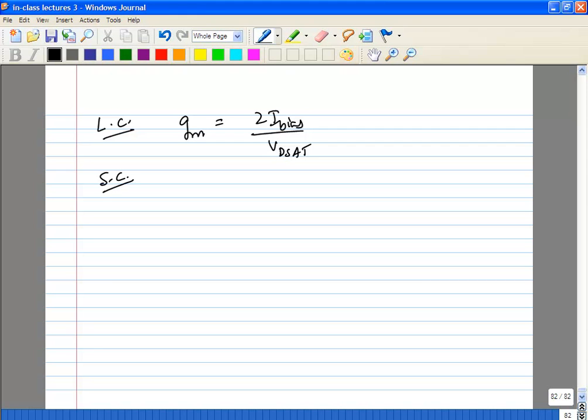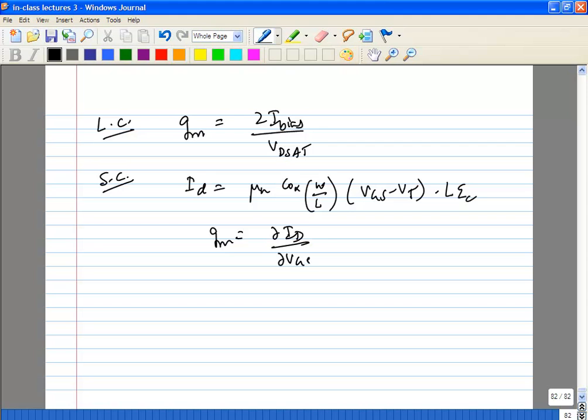For a short channel transistor, remember that ID was mu n... Remember this? So your GM is nothing but I bias over VDSAT for a transistor which is completely in the short channel, right?